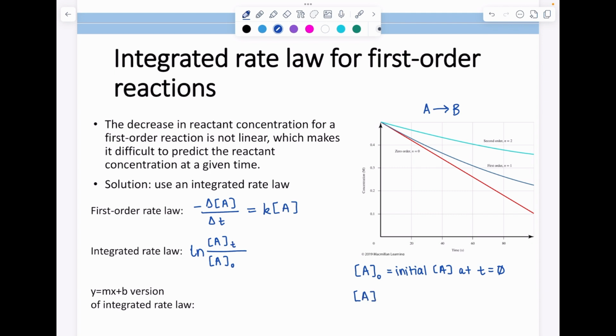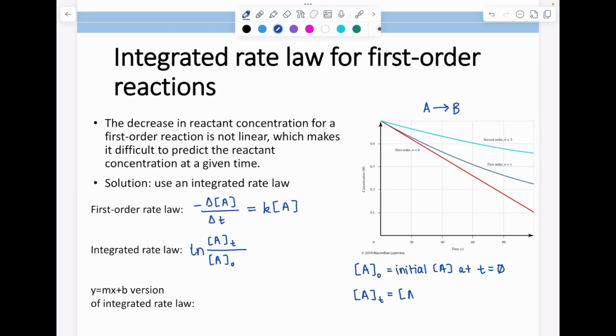Concentration of A at time t is the concentration of A at some specified time, where that time is t, so that would be given in a question, how much time has passed. This is equal to negative k times the time that you measure that concentration.